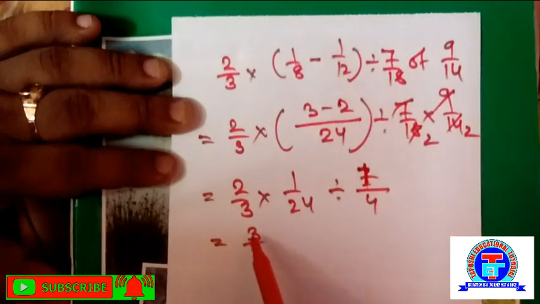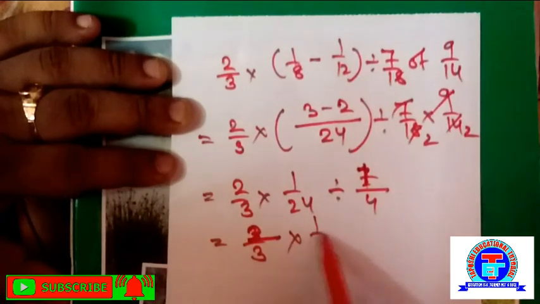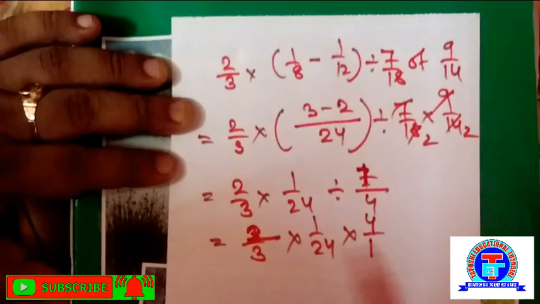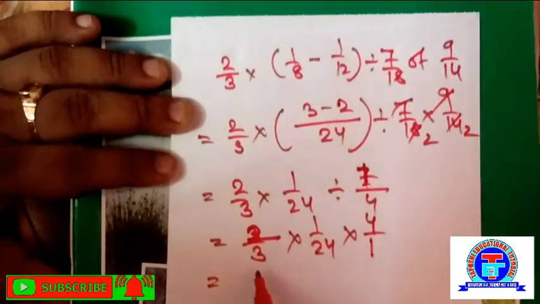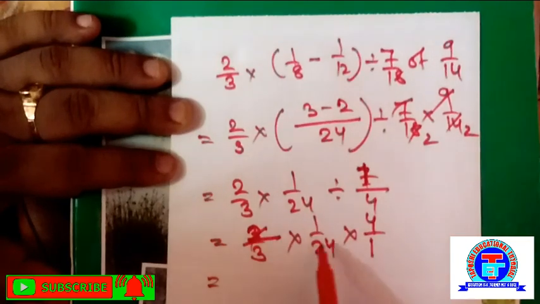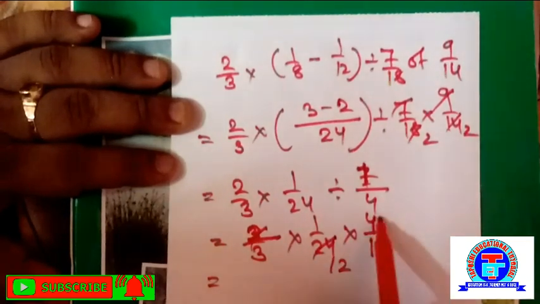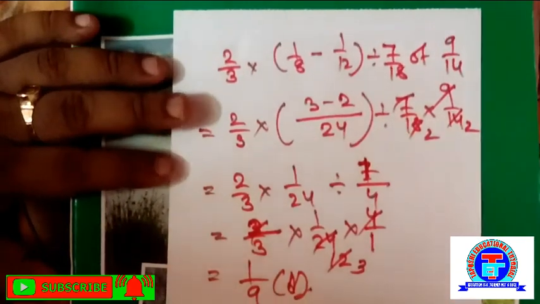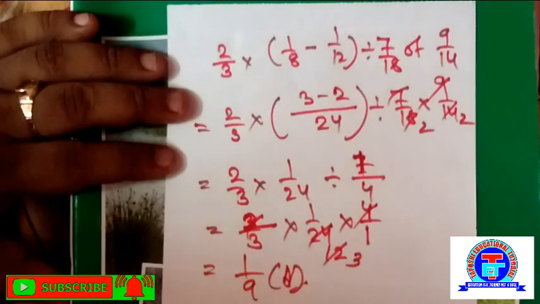Now 2 by 3 into 1 by 24 multiply 4 by 1, right? So we write here this one 12 and this one 3. So answer will become 1 by 9. This is the answer of the given problem, right student?